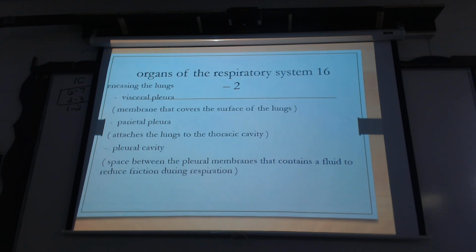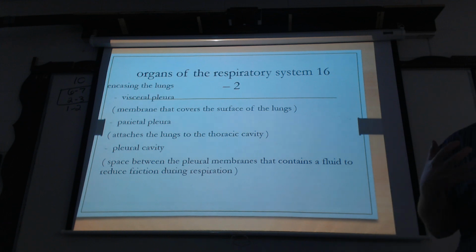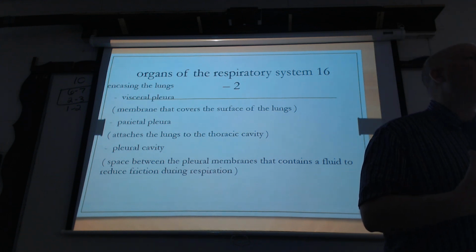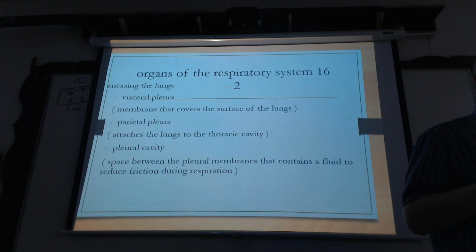Starts with an M. Myocardium? No, cardium is probably like the heart. Yep, that's exactly right. Myocardium is a type of muscular tissue of the heart. If you have myocarditis, then that would be inflammation in that muscular tissue.